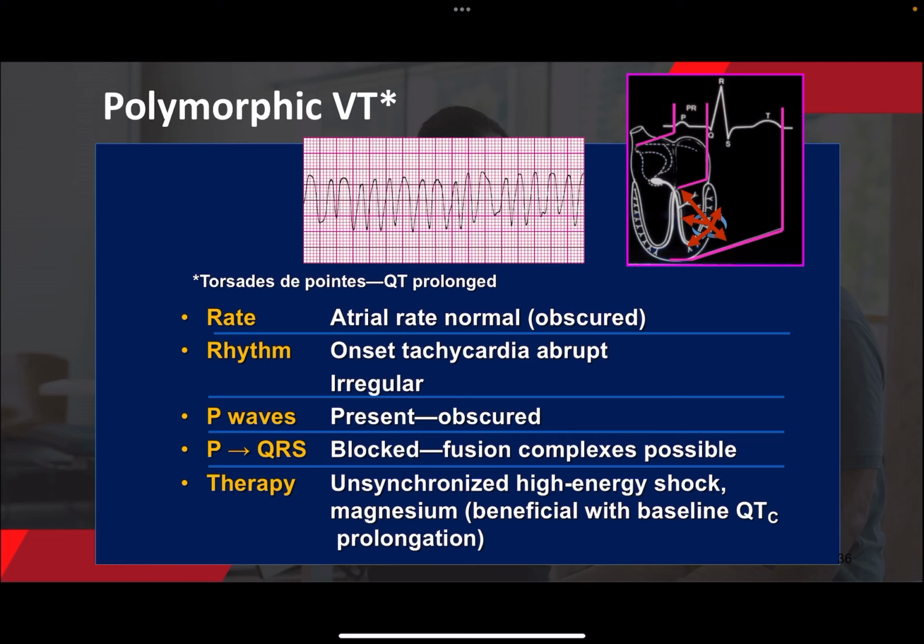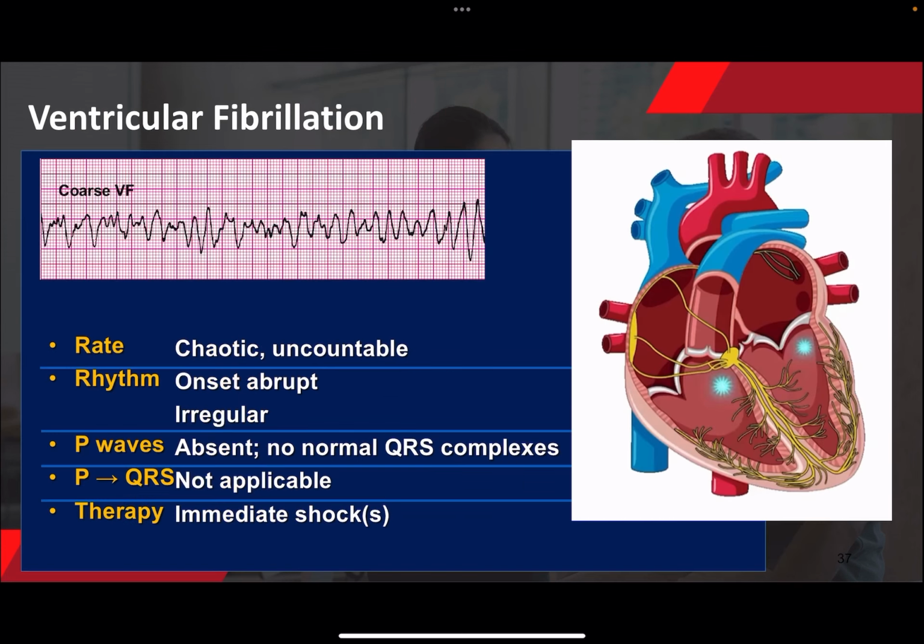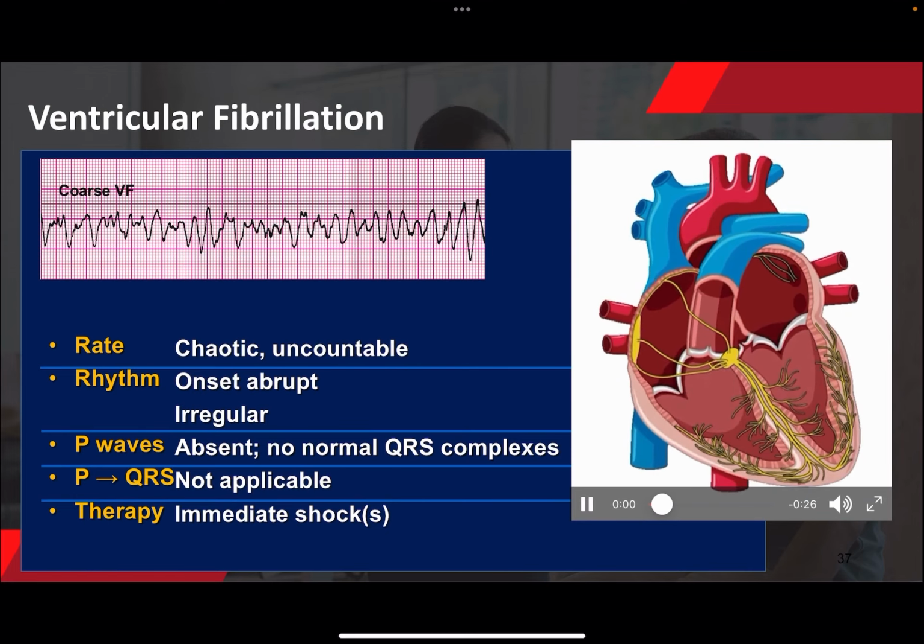We cannot do cardioversion because cardioversion picks up the R on your QRS, but since your rhythm is everywhere, it cannot pick up the R on the peak of the QRS, so it's not going to work. That's why you need to do unsynchronized shock, or you can also give magnesium if there is a baseline QT prolongation.